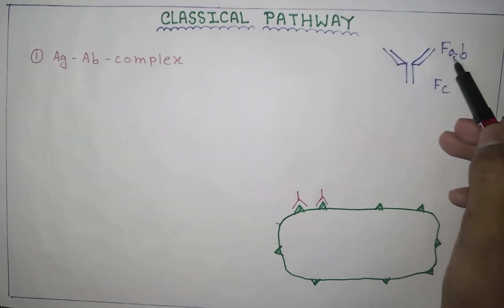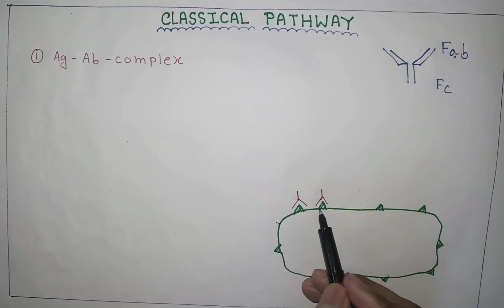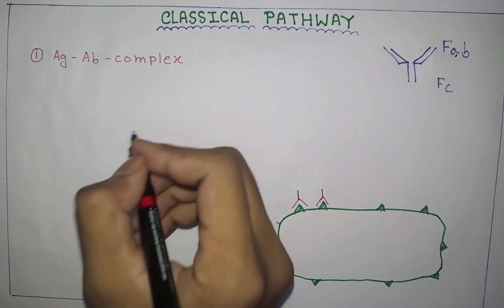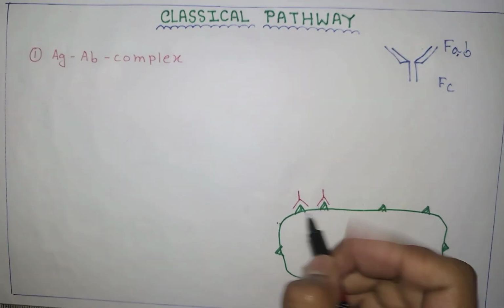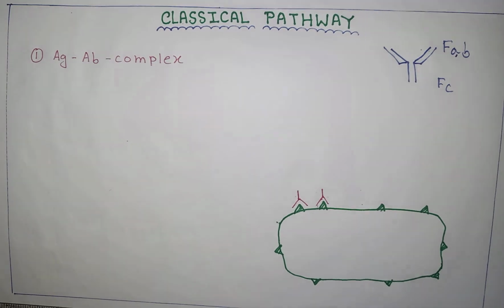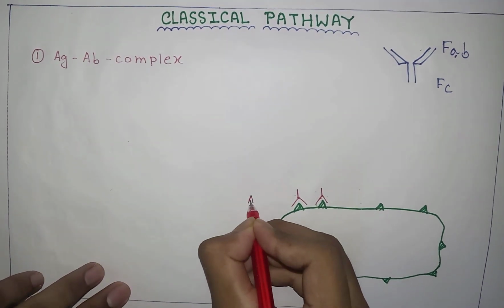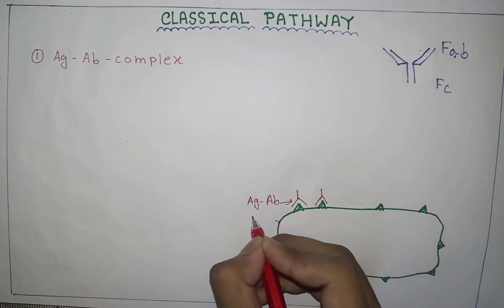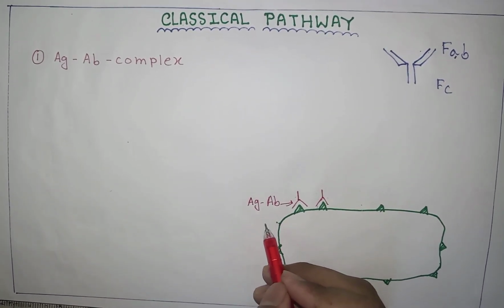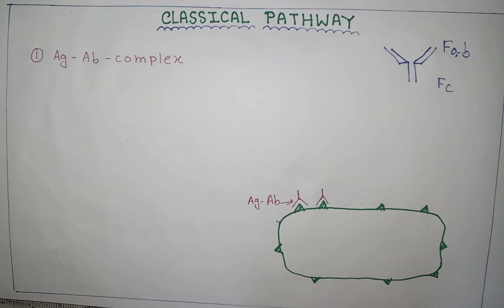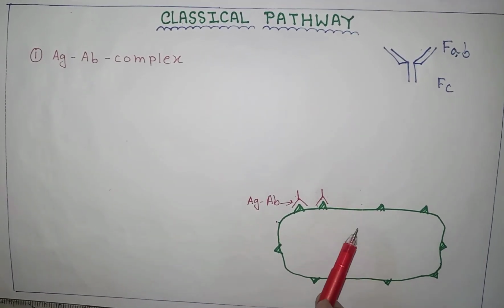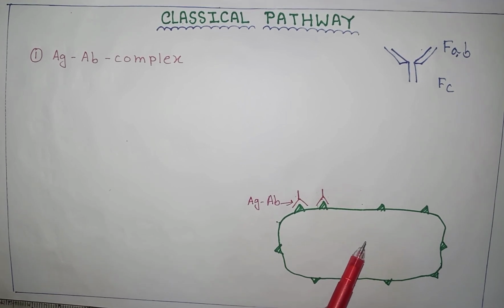The FAB segment will attach with the epitopes on the bacterial cell surface. When this antigen antibody complex forms, it will act as an opsonization tool.